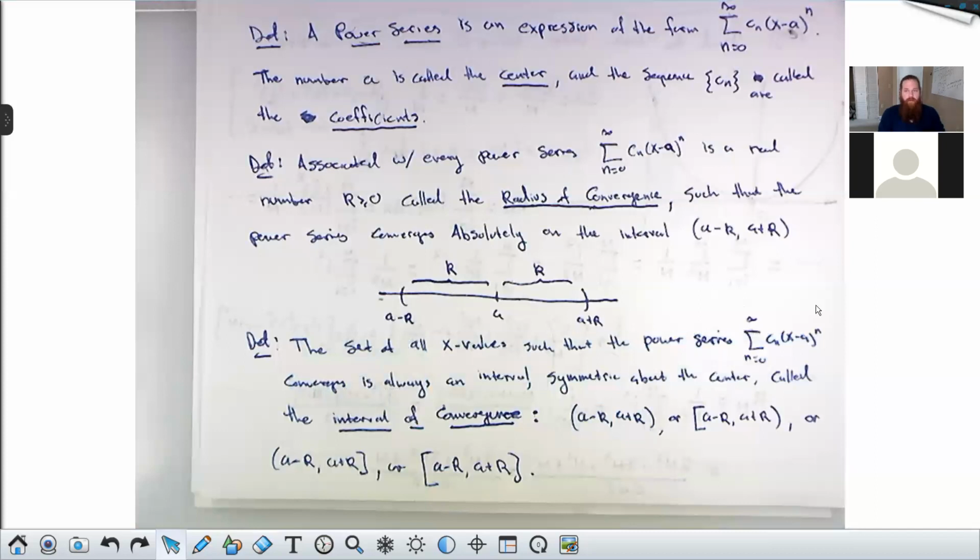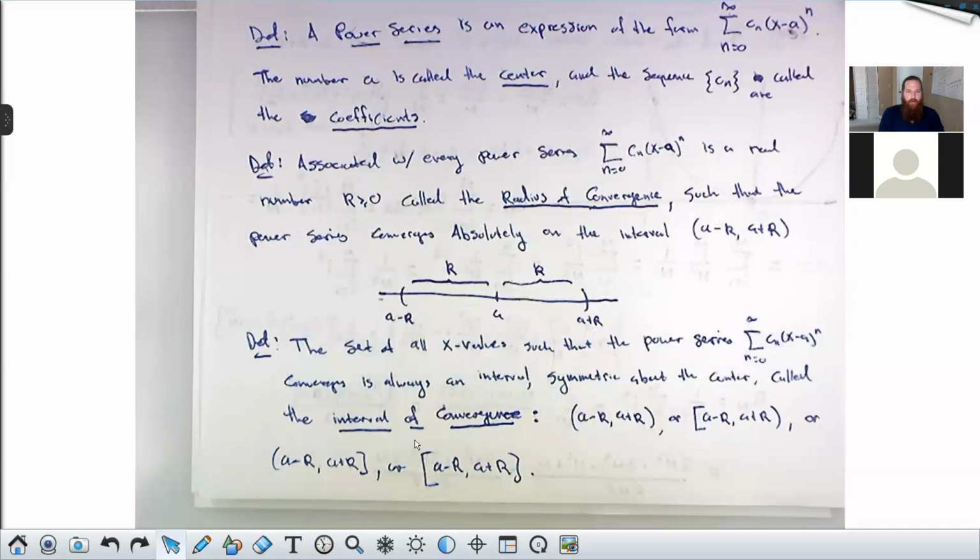So the convergence of a series like this depends on what you're trying to plug in for x. This series, if you plug in x equals a, is guaranteed to converge. If you plug in x equals 5, it might not converge. So we want to give a name to the set of all x's I can plug in and get a convergent series out. The name for that set is called the interval of convergence. That's what we're defining here.